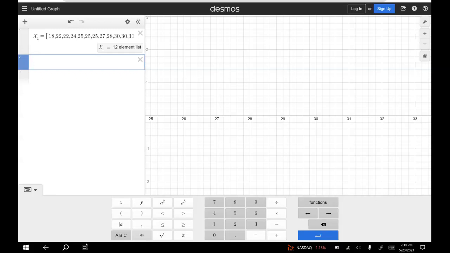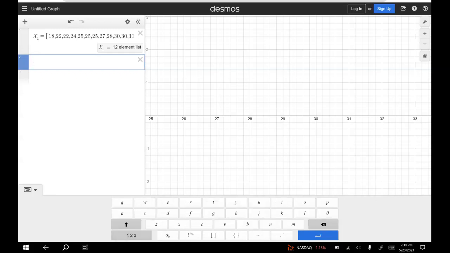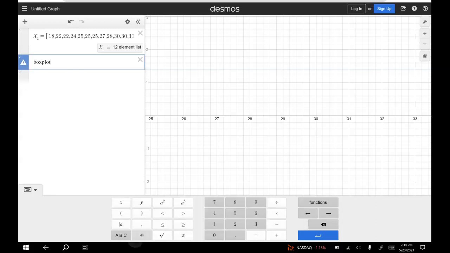You type in box plot, all lowercase letters, no spaces, and then in parentheses you put in that same X subscript of 1.